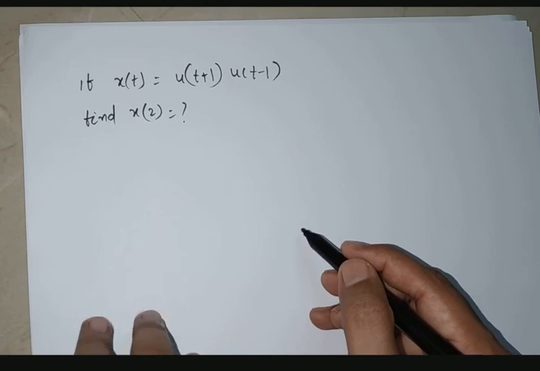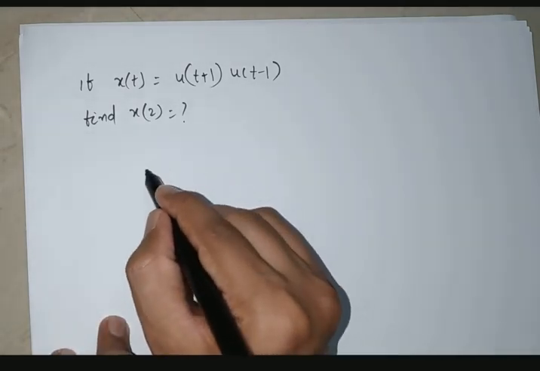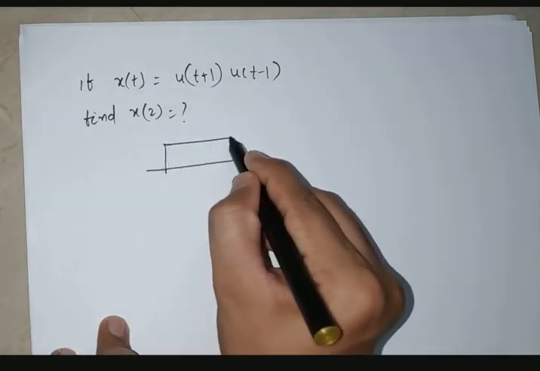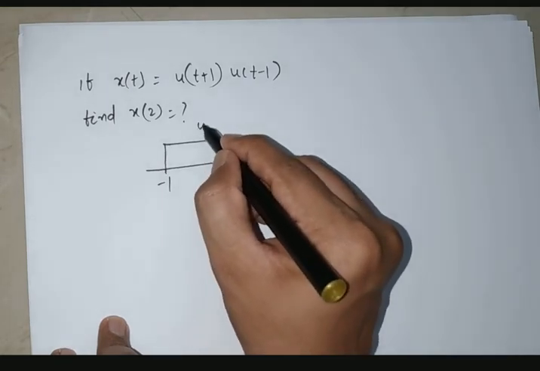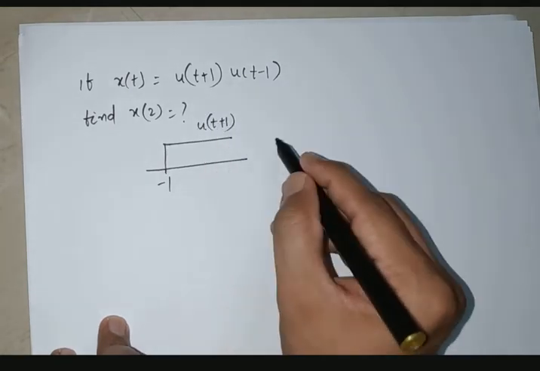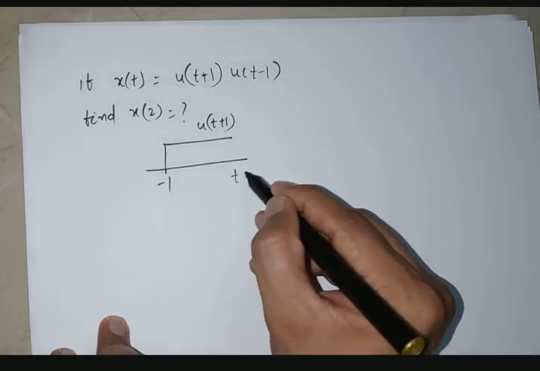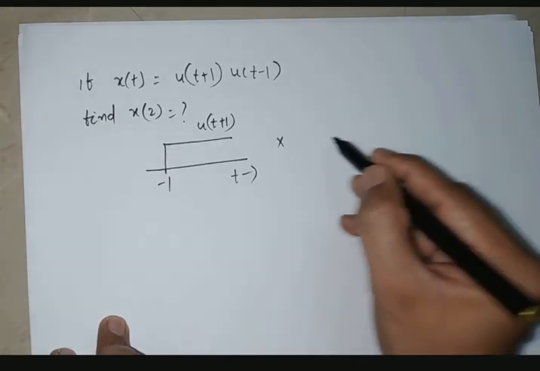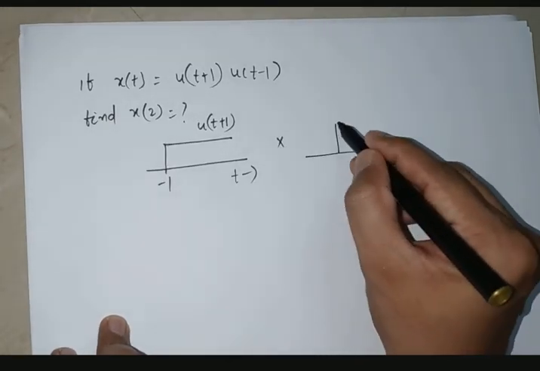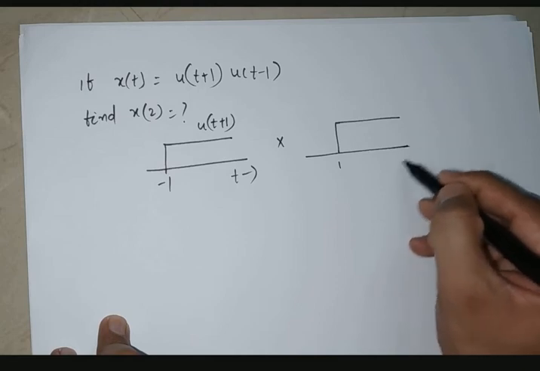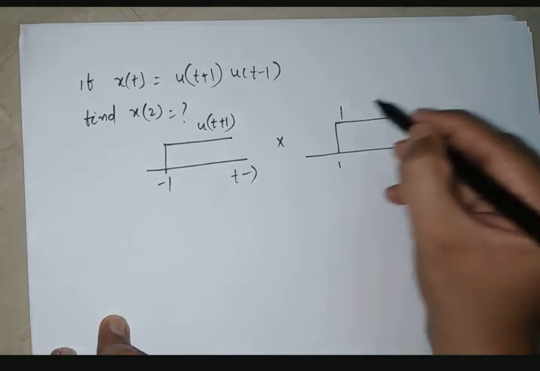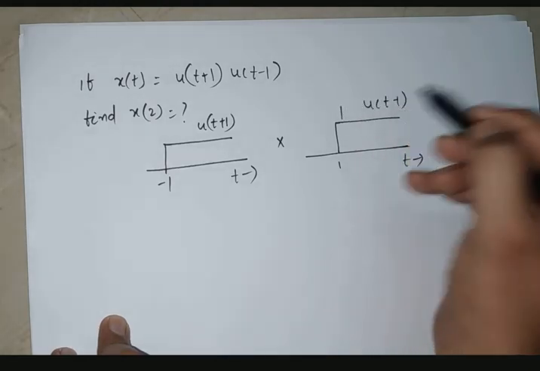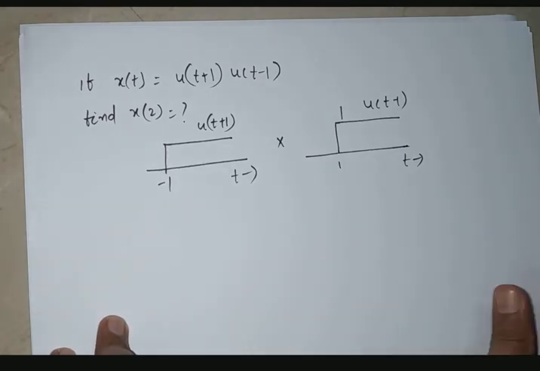How to do it? Simple. Do the plot of u of t plus 1, starting from minus 1. This is u of t plus 1, multiplied by u of t minus 1, which starts from 1. This is u of t minus 1. Now multiply both.